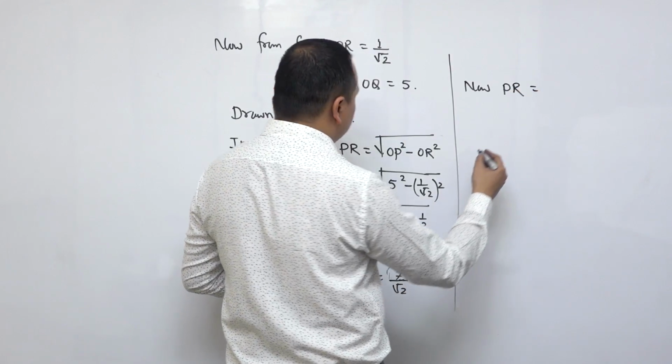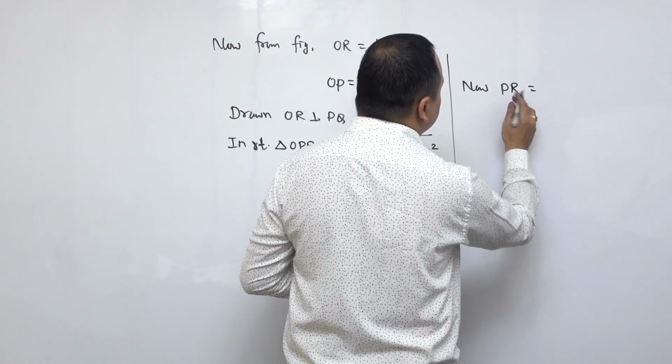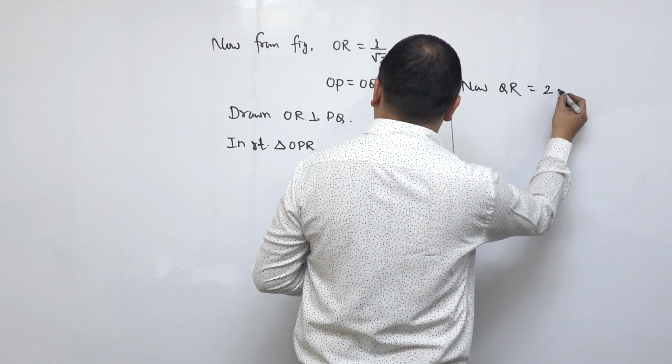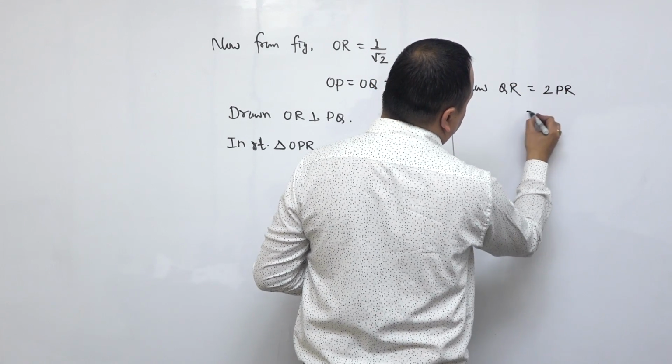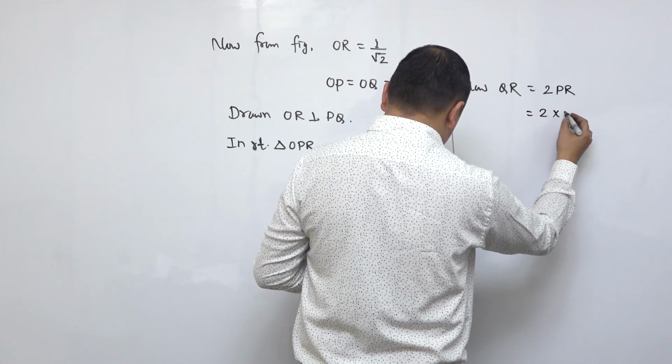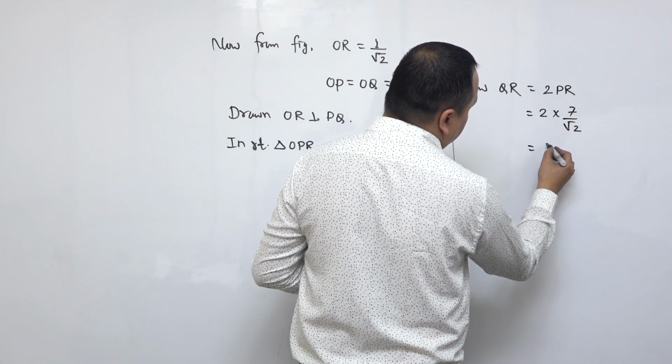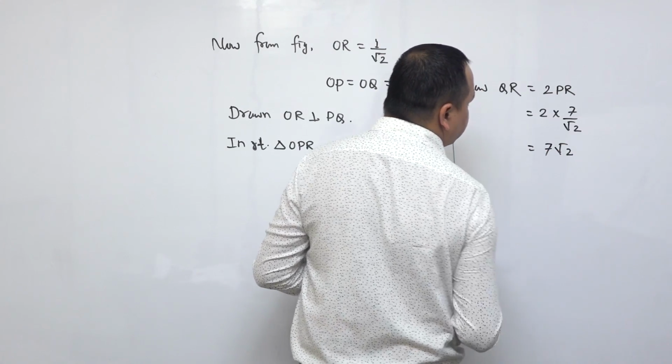Now QR is 2 times of PR. This is 2 into 7 upon root 2, which is 7 root 2.